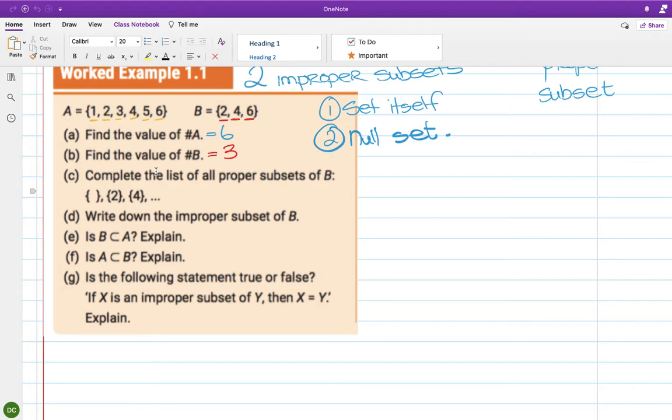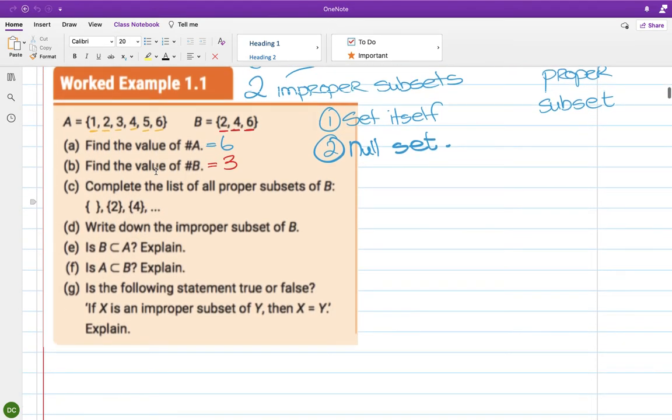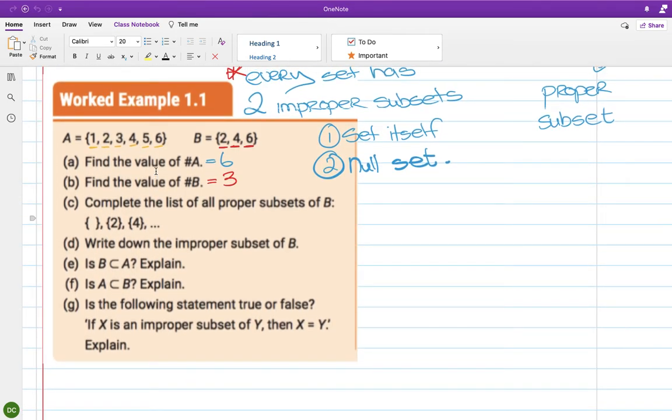Complete the list of proper subsets of B. Okay. Well, that's wrong because that's not a proper subset. So 2 is a subset, 4 is a subset, 6 is a subset. Okay.